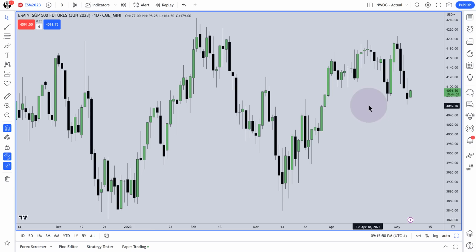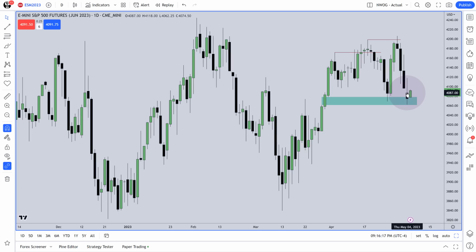Okay? So if we add some detail to this chart, we have this imbalance here, and the market goes just short, or just above in this case, this candle's high. This candle's high comes in at 4061 and a quarter, and the low of today, my day, Thursday, because in some of your local areas, by the time you're watching this, it may be technically Friday where you are, the 5th of May.